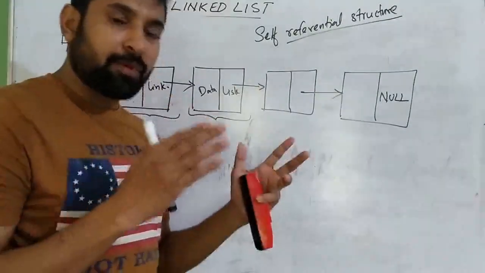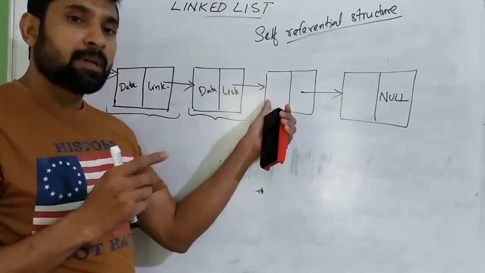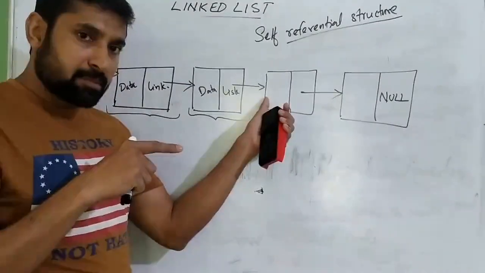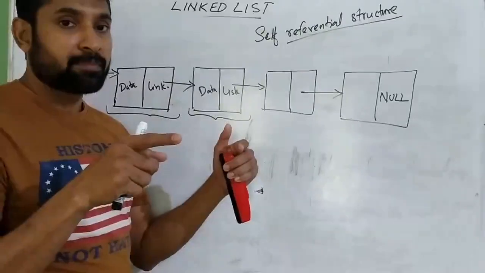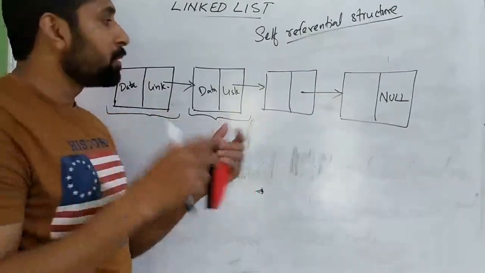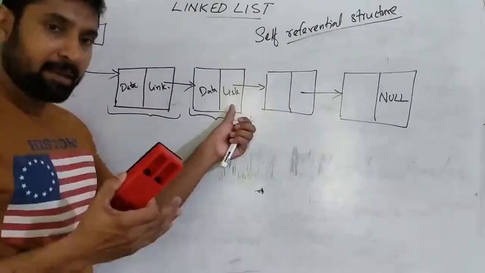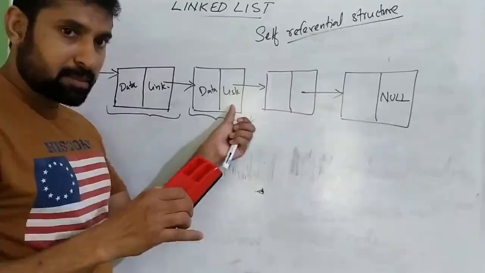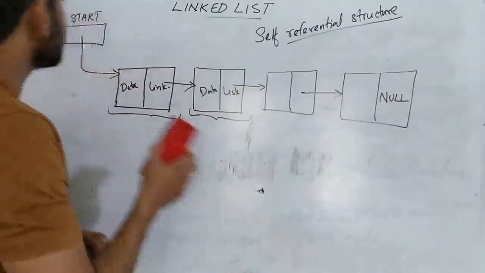A structure with an element of the same structure type, I mean one that contains a pointer variable which is of the same structure.